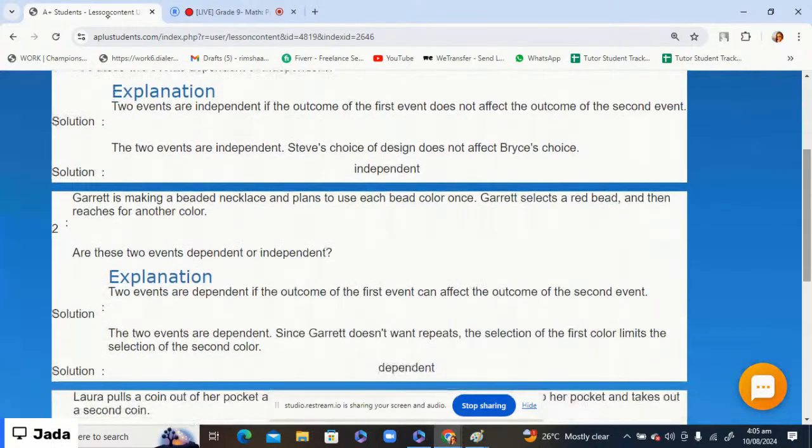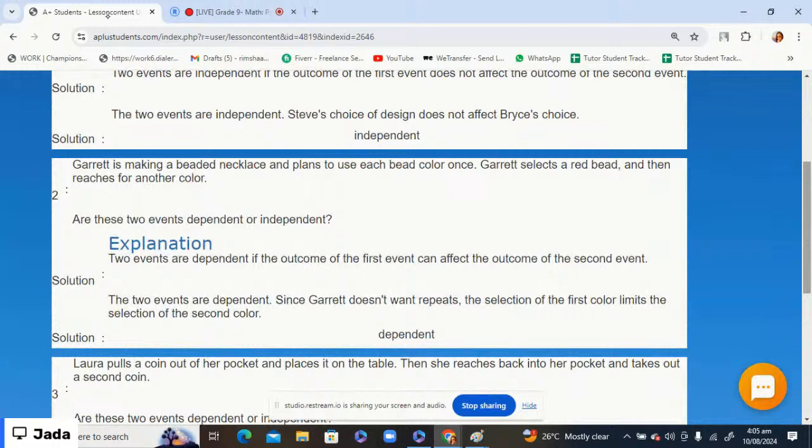Garrett is making a beaded necklace and plans to use each bead color once. Garrett selects a red bead and then reaches for another color.